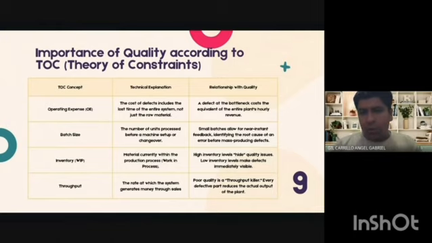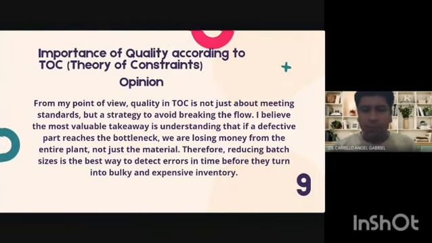Throughput. Quality is the ultimate throughput killer. Every defective part directly reduces the plant's final output and its ability to generate money. Next, please. In my opinion, quality in TOC is a strategy to protect the flow.